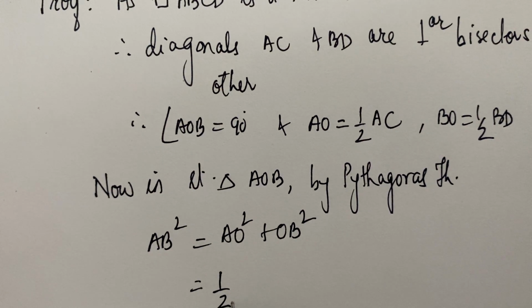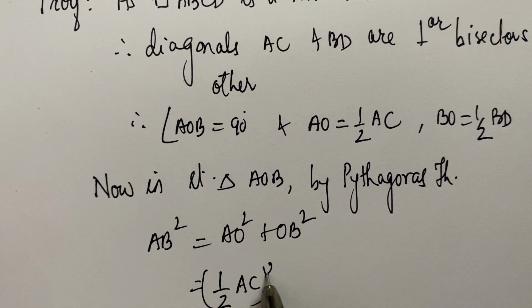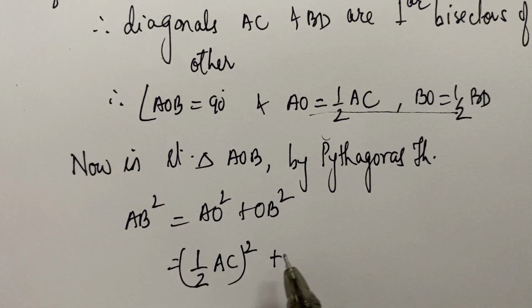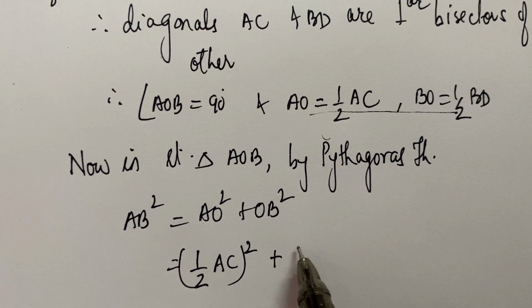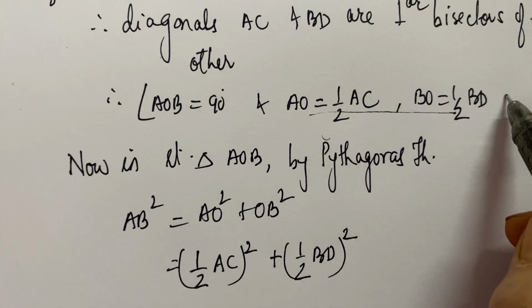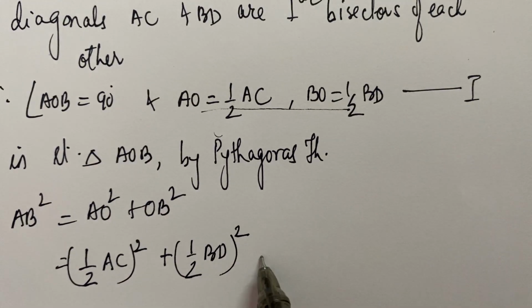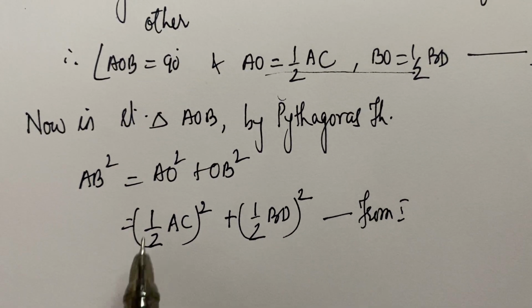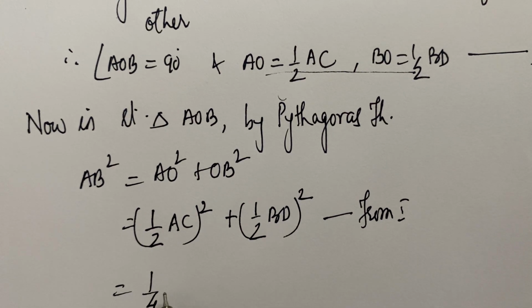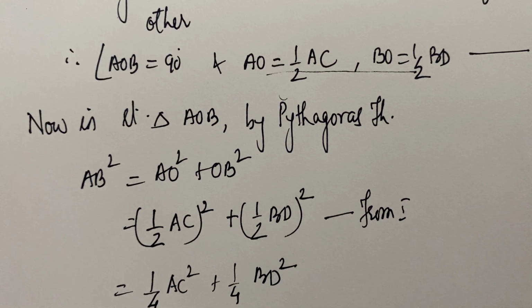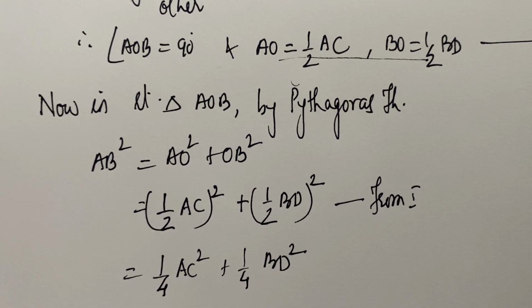AO is half of AC, right? And OB is half of BD. Call this equation number 1. From 1, 1 upon 2 means 1 upon 4 times AC square and 1 upon 4 times BD square. Fine. This is your AB square.